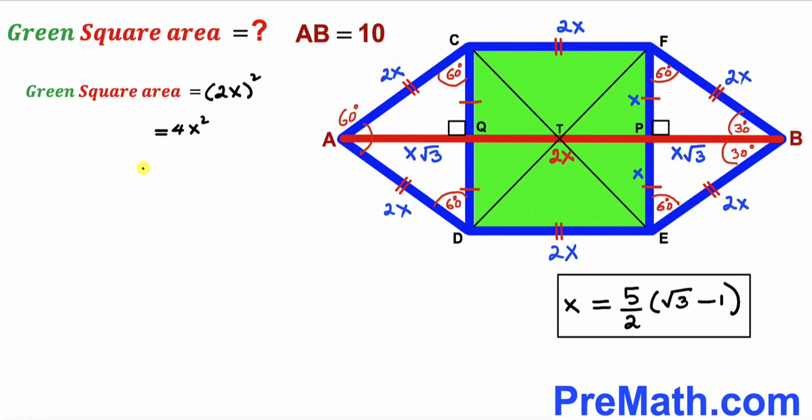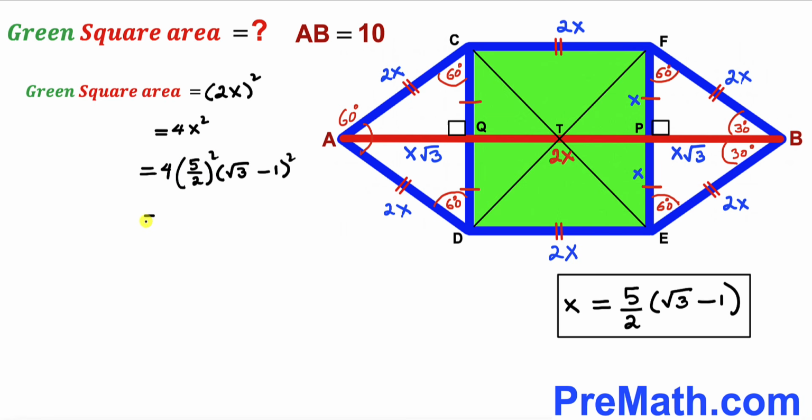So therefore I could write 4 times 5 divided by 2 whole square times the square root of 3 minus 1 whole square. And we know this part is going to give us 25 divided by 4.